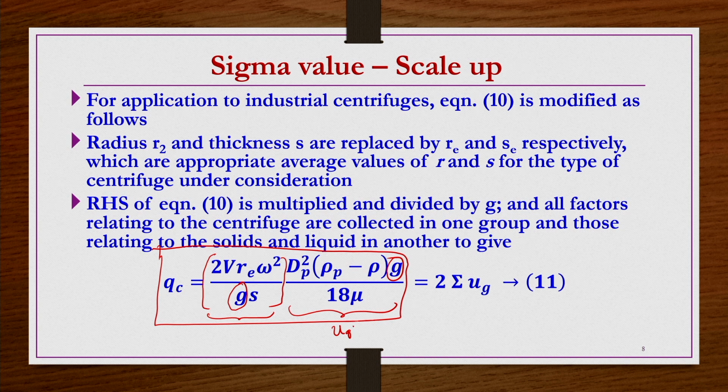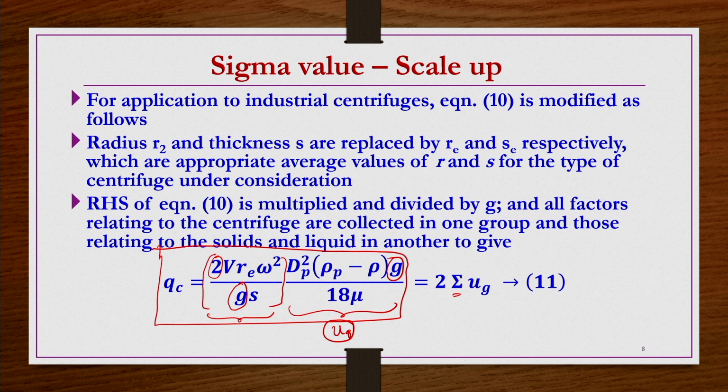Let us indicate it as u_g. In the other terms related to the centrifuge, this 2 you keep as it is, and the remaining terms V R_E omega square by g S_E you write as sigma. That is nothing but the sigma.